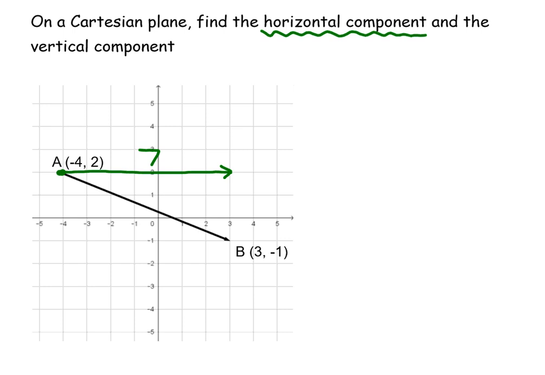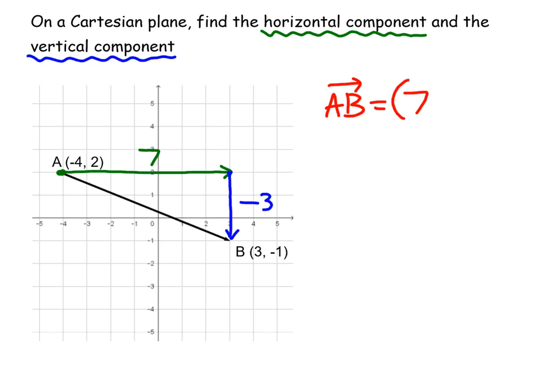And the vertical component, I'll put it in blue. When I'm here, I'm going down 3, so this will be my vertical component. So when you write your vector AB, you can say AB is equal to 7 horizontal and 3 vertical, -3.